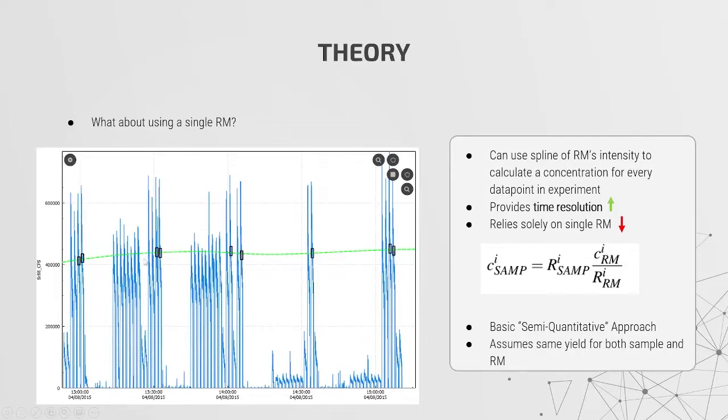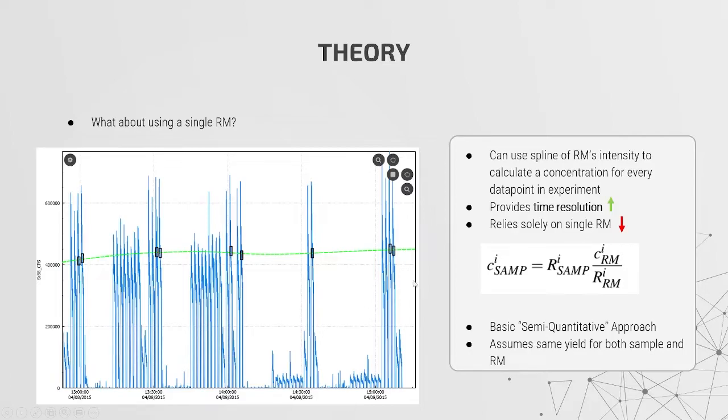And how do we do that for every single data point? Well, we interpolate this spline onto the same sampling frequency, that is the time resolution for our normal channels. And so we have a value for our reference material at any point in our experiment. This allows us to calculate a concentration for every point in our experiment.